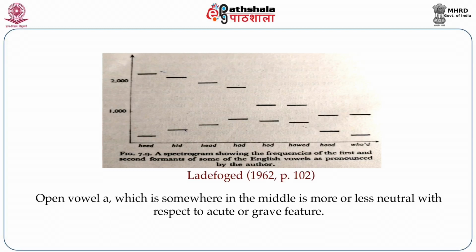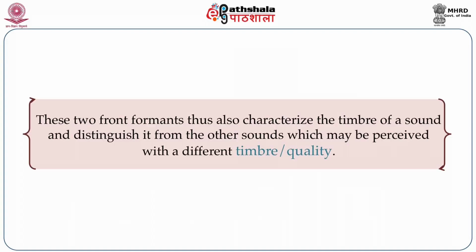Concentration of acoustic energy in the higher frequency range, that leads to plus minus acute criteria, which is important. So plus minus diffuse, plus minus acute will help you define the front vowels much better, and plus minus compact, plus minus grave help you define the back vowels much better.